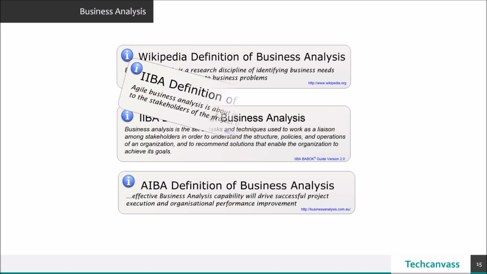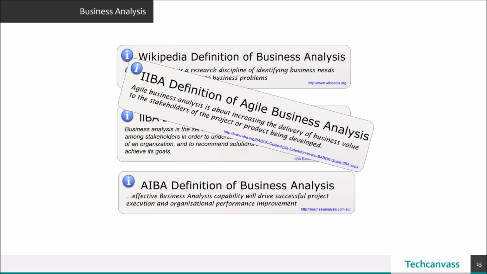This is the IIBA definition of Agile Business Analysis: it is about increasing the delivery of business value to the stakeholders of the project or product being developed. As I mentioned earlier, the focus is always on the value, how we can deliver the value instead of how we can deliver the particular project or product.